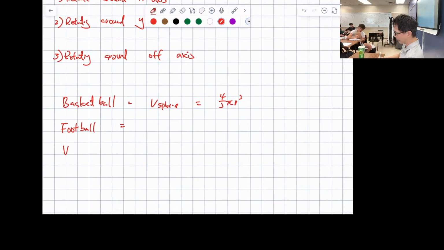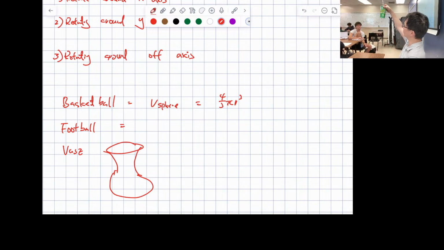So how about a vase? Like a vase, right? I don't know how to draw a vase. Sorry. So a vase, right? How do I find the volume of this shape?